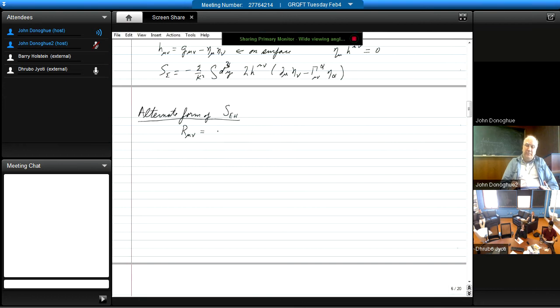So remember, R mu nu has derivatives on gamma plus gamma squared terms. The derivatives on gamma could be turned into covariant derivatives. It's not normally written that way, but I could write this as covariant derivative on gammas plus some gamma squared terms. There'll be slightly different ones, because that's all the change there is.